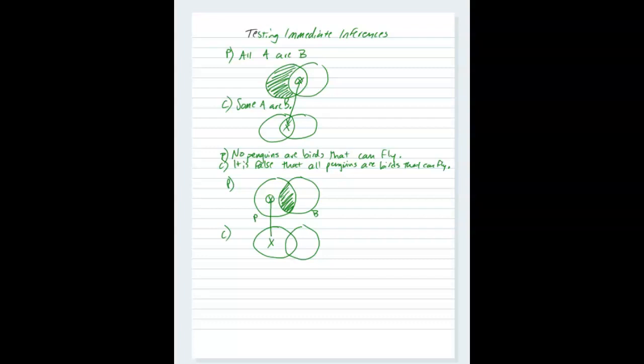Our conclusion is a universal affirmative proposition, and so the opposite of that would be a particular negative, or the O proposition, which can also be found on the diagonal of the square of opposition. So I have here diagrammed the particular negative diagram, which is the opposite of all penguins are birds that can fly. So that's how you diagram the statement that begins with, it is false that.